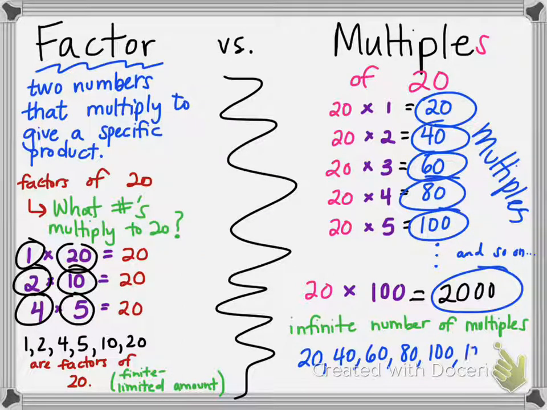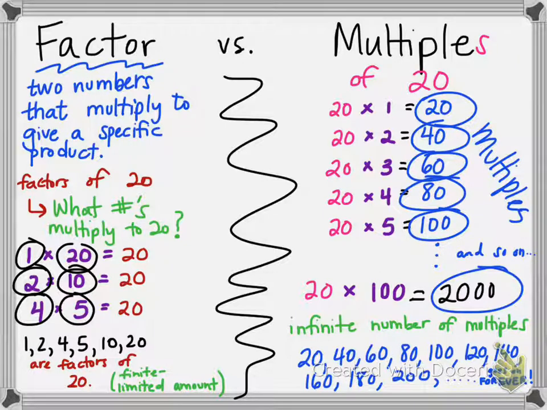I could continue it to 120, 140, 160, 180, 200. This list is just going to keep going on forever. So that's one of the differences that I think is helpful between factors and multiples.